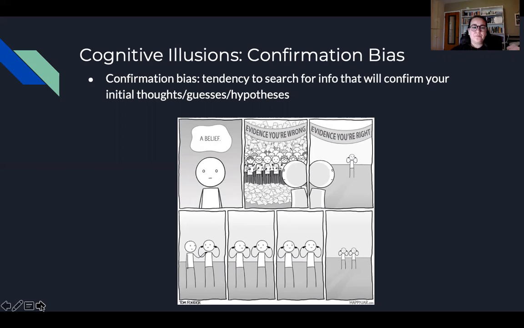And so people tend to go wrong here if they just continue to seek information that only confirms their initial hunch or hypothesis.